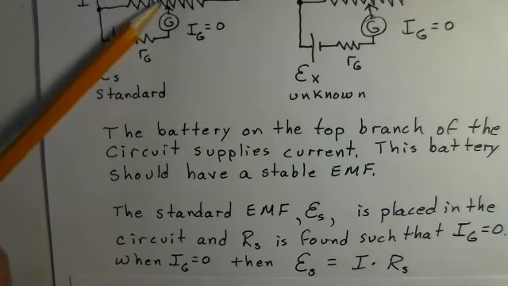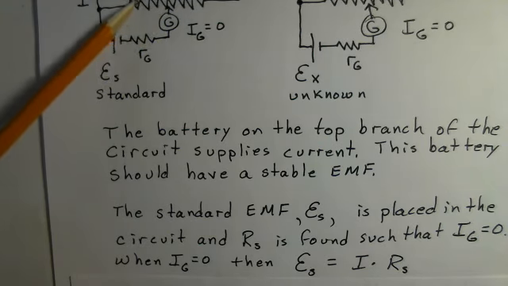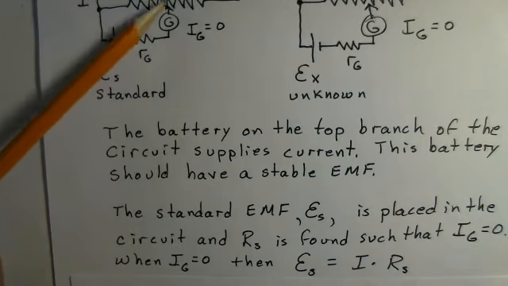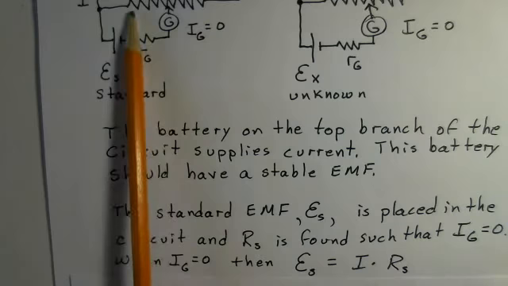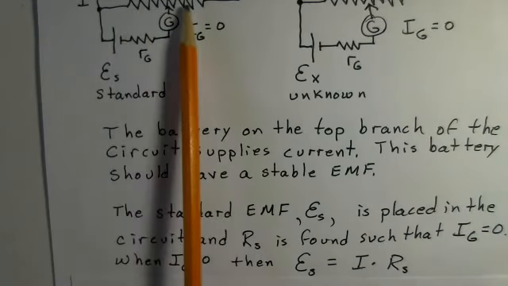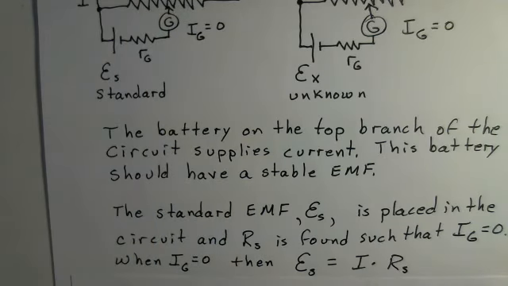And in some situations we may use a real long wire across here and measure the length of the wire. We know that resistance is equal to resistivity times length divided by area. If we have a uniform wire with constant resistivity and constant diameter, so it has constant area, then the length is proportional to the resistance.